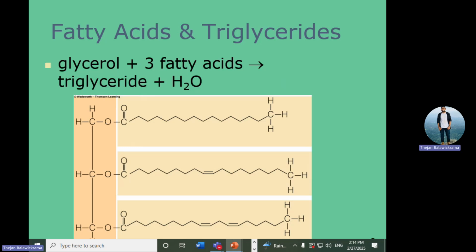And this other shaded area, these three boxes, those three are coming from three fatty acids. So, like I said, in a fatty acid one end must be carboxylic acid. That is this part. The other end must be CH3. And it doesn't have to be the same three fatty acids. It could be the same, but it could be different also.